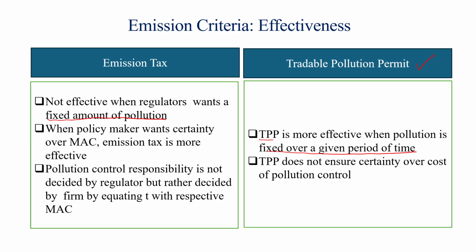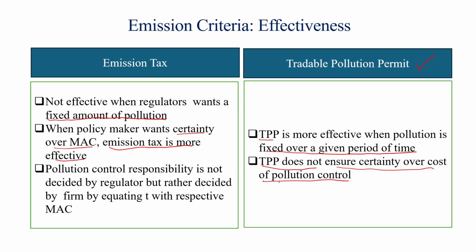And now let's say that the policymaker wants certainty over the marginal abatement cost curve, or wants economically efficient reduction of emission. In this case, emission tax is more effective. Here, tradable pollution permit does not ensure certainty over the cost of pollution control.